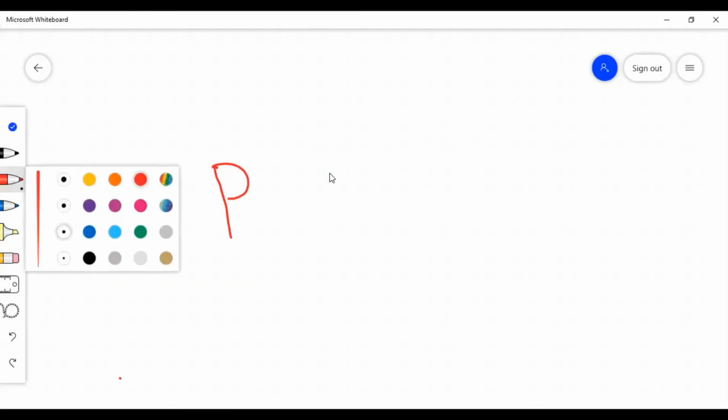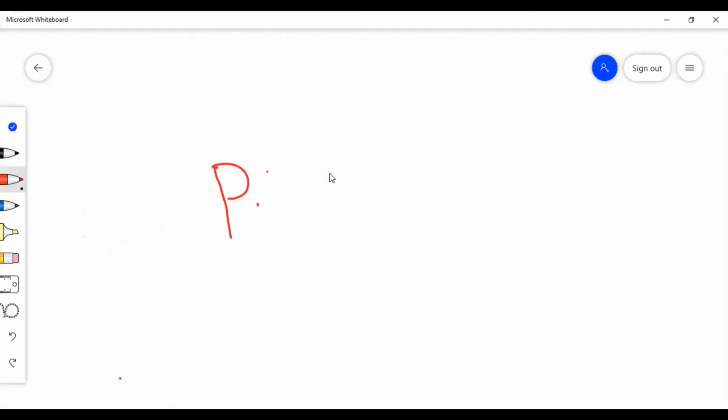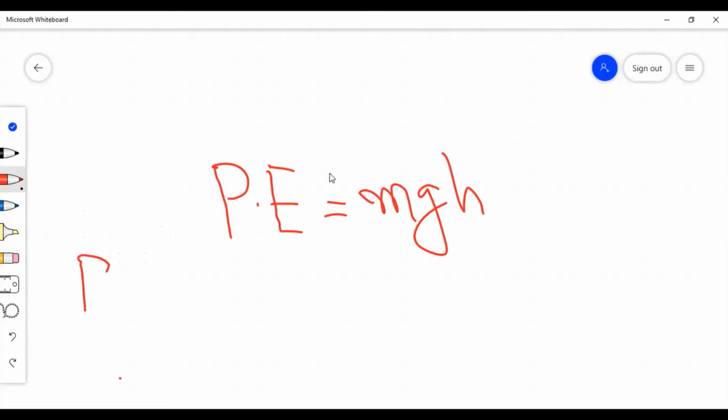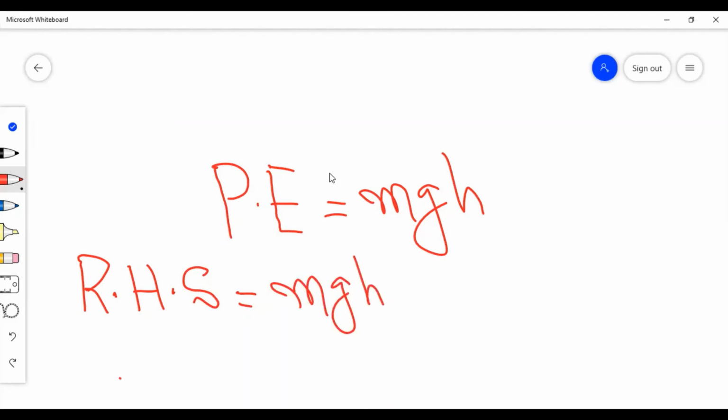So here, PE is equal to mgh. If we are starting from the right hand side, we are looking for the dimensional formula of this. The right hand side is m, g and h.